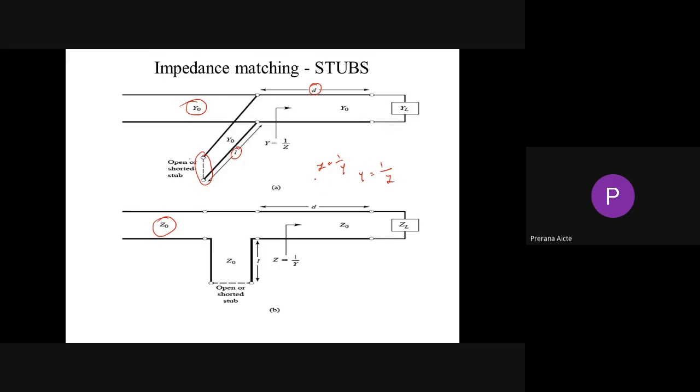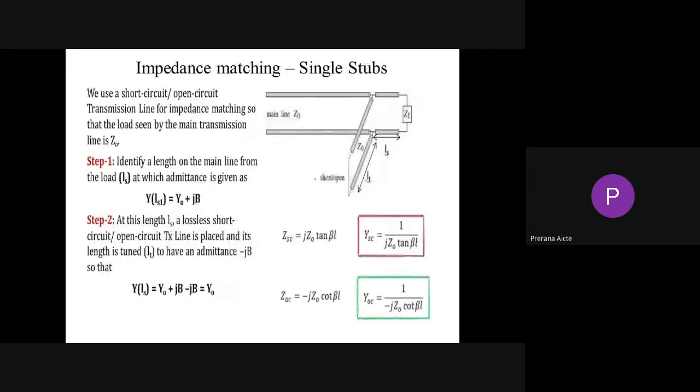Now, for a single stub, while we are using a single stub, either open circuit or short circuit transmission line, for impedance matching, the load seen by the main transmission line is Z0. So this is the main transmission line with impedance Z0.